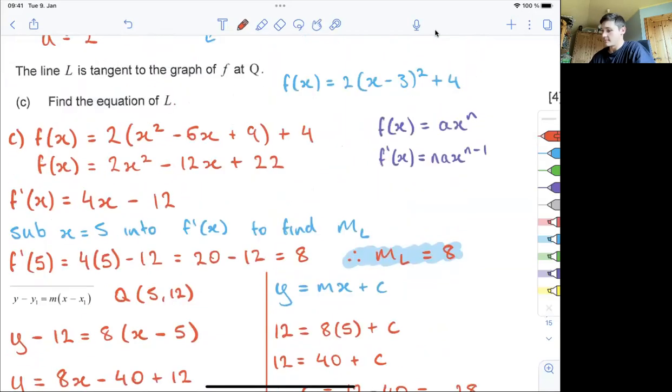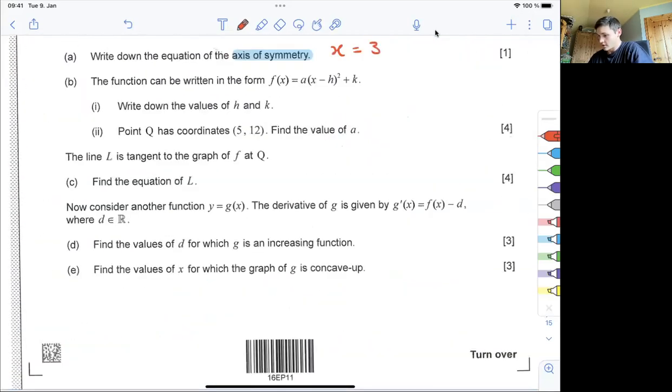Okay, on to part D. What have we got? Now consider the function y equals g(x). The derivative of g is given by g dash x is equal to f(x) minus d, where d is an element of the real numbers. Part D asks us to find the values of d for which g is an increasing function.